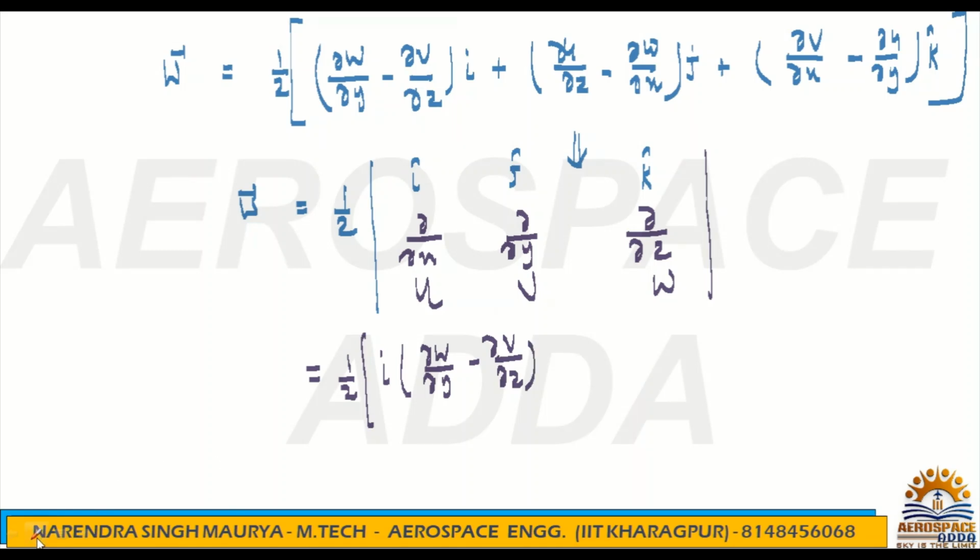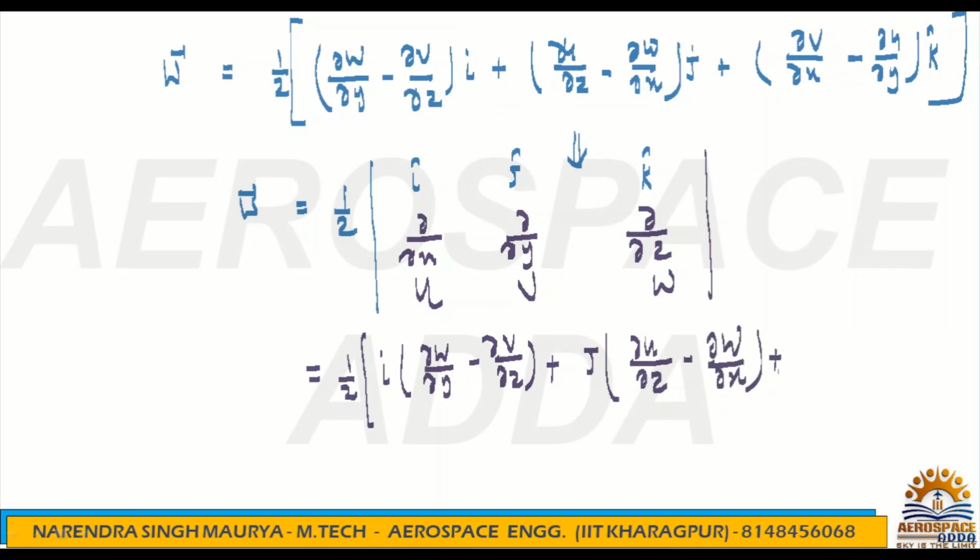Second, take minus common. If you cut the middle one, then it will be dou w by dou x, but you have taken minus common, so it will be dou u by dou z. Check this matrix determinant, solve it, so you will get it.